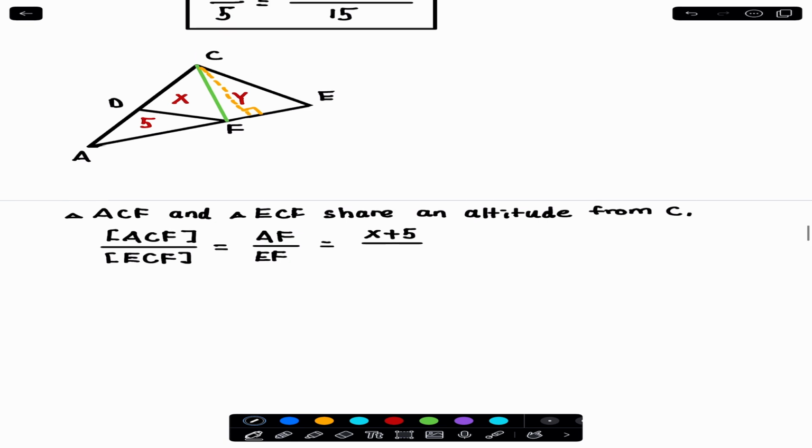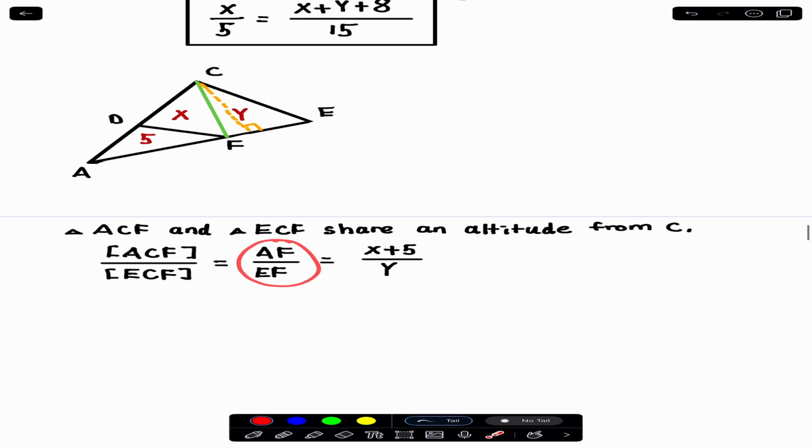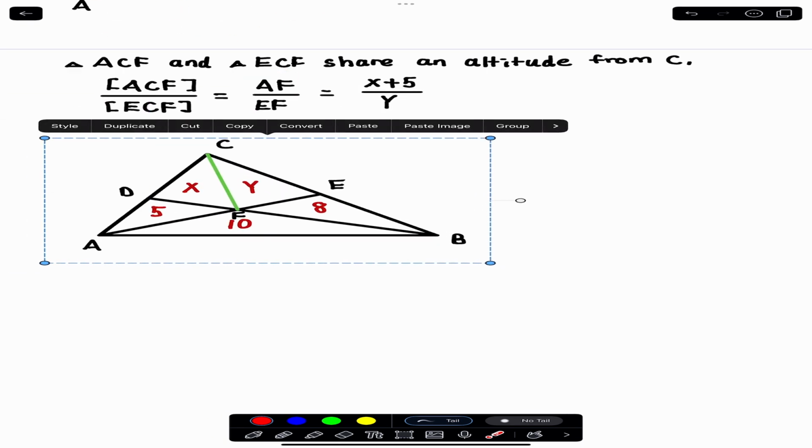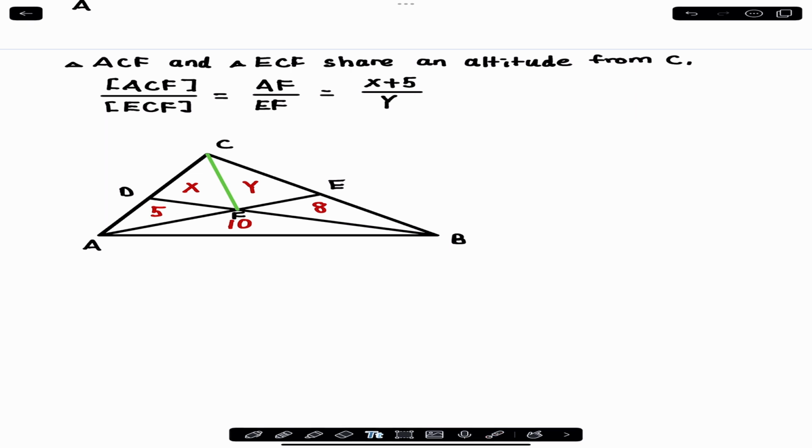Area of triangle ECF is just y. Same process. If we need to get AF and relate it to EF, so that's these 2 sides. If we need to do that again, well then, maybe, just maybe, we can use these 2 triangles. Because those bases lie along this segment.